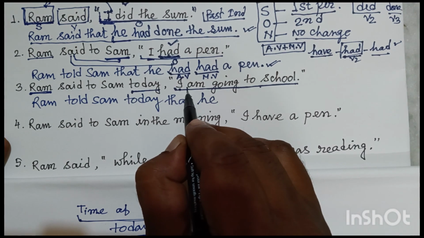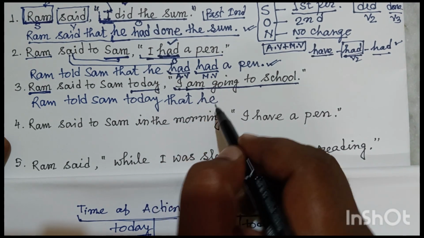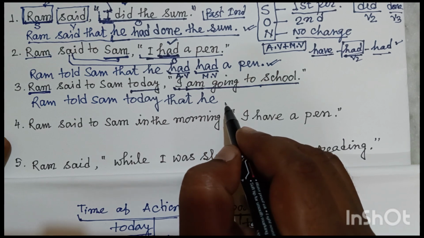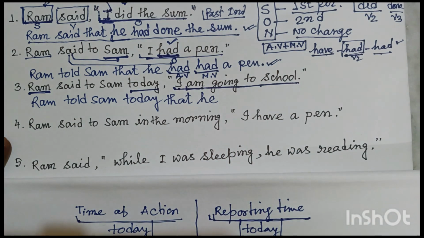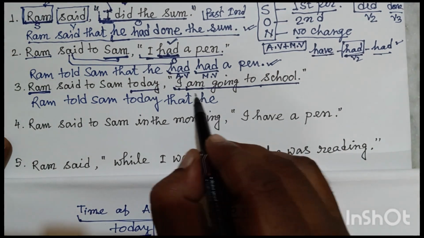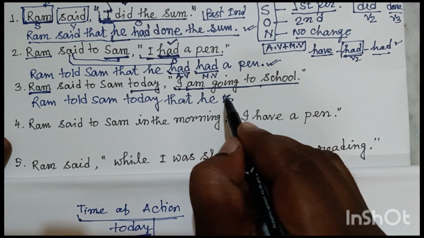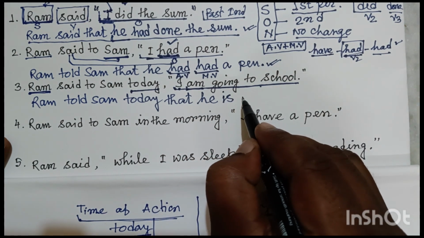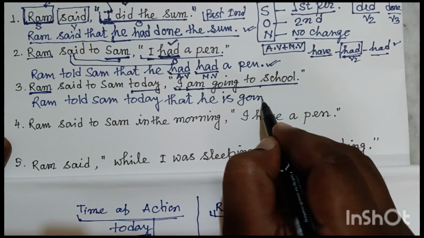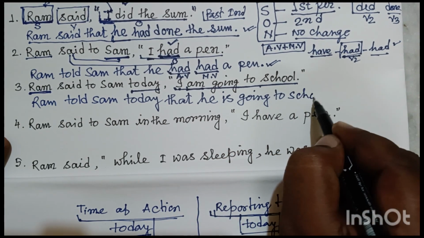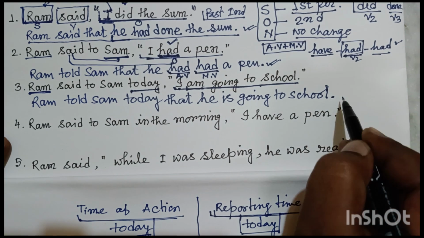And it is present tense, present auxiliary. "I" is followed by "am," but "he" is always followed by "is." So we have to write down, "He is going to school." Friends, this is the correct answer.